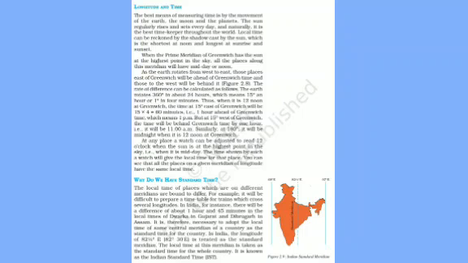Now, coming to page number 15, longitude and time. Previously, as you might be knowing, when there were no instruments to measure or determine the time of a particular place, mostly the local time, when we did not have clocks, how did we do it?